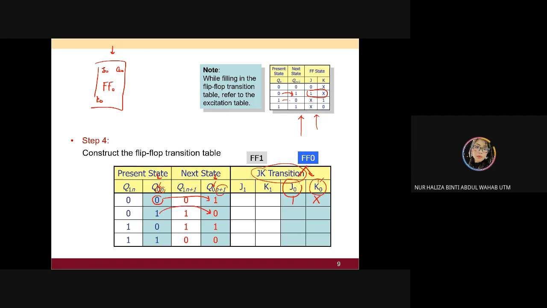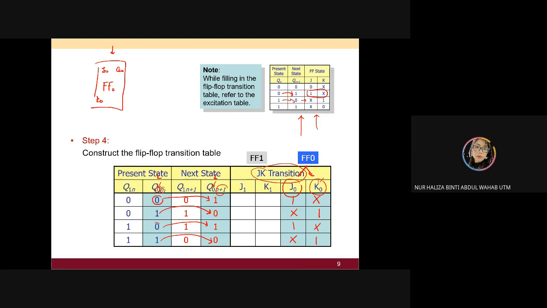Where is it? I have this value, x1. After that, at this part, I have 0 to 1, 1x. And then 1 to 0 again. 1 to 0, yes, it's going to be x1. So finish for my flip-flop 0 there.